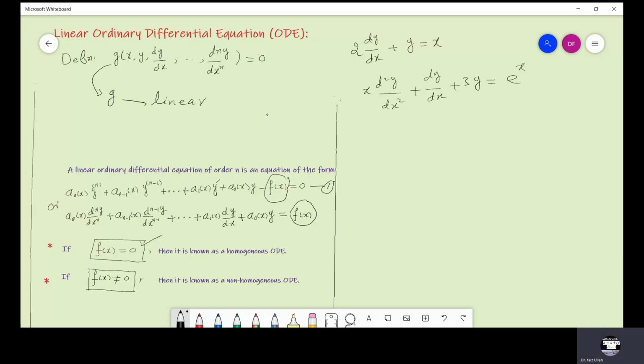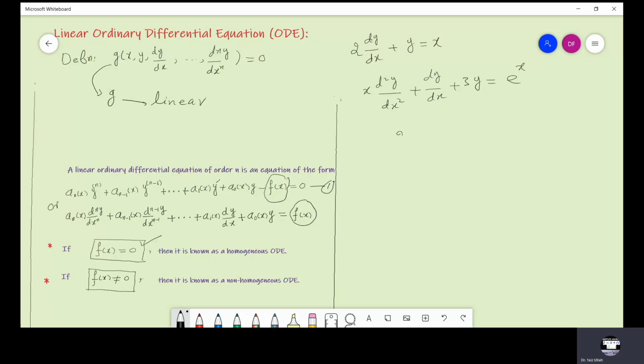This is an ordinary differential equation which is linear because the coefficients of d square y over dx square, dy over dx, and similarly y are functions of x, and f of x in this case is e power x. Now if e power x were 0, this would be homogeneous. But now it is a non-homogeneous ODE because we have the function e power x.